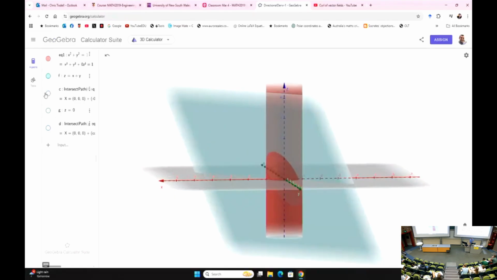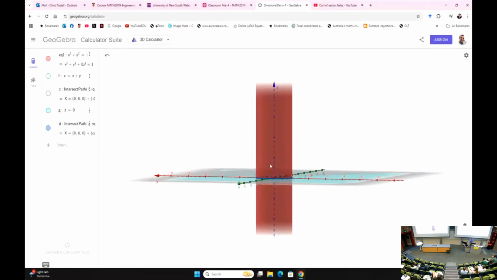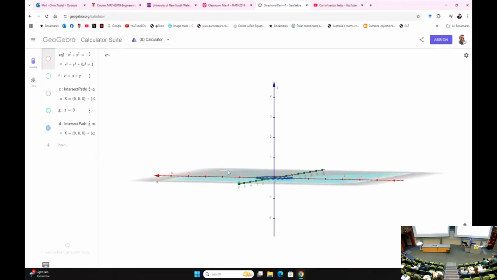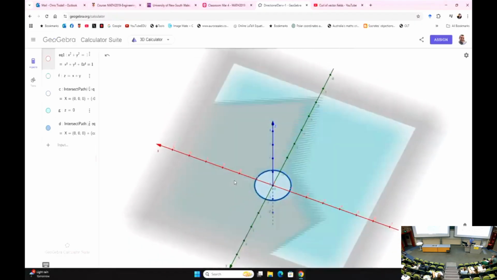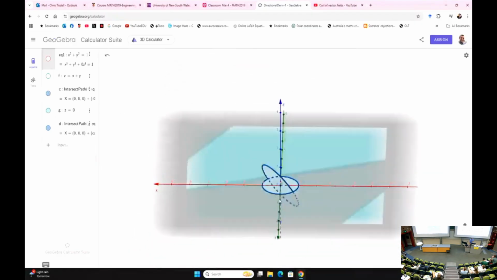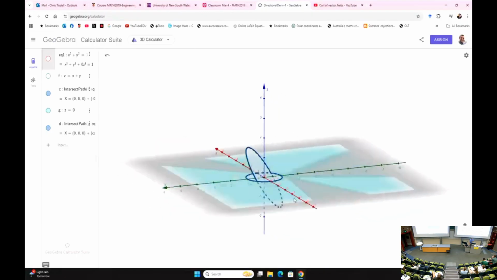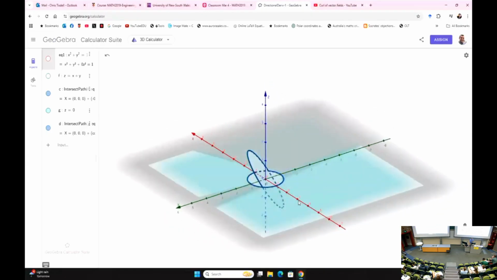You've got an intersection there, and in the XY plane, you've got that going on. So you integrate around that, and the area will be below that curve, a sort of curved wall. And there's also a negative part, so when you add them together, they cancel each other out.